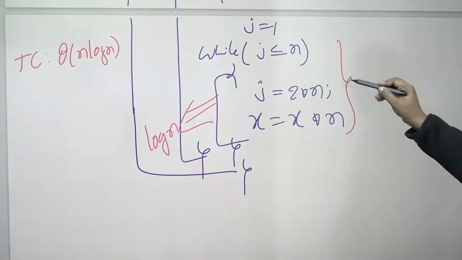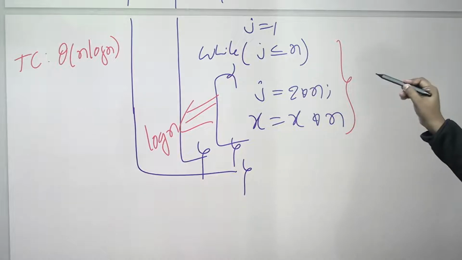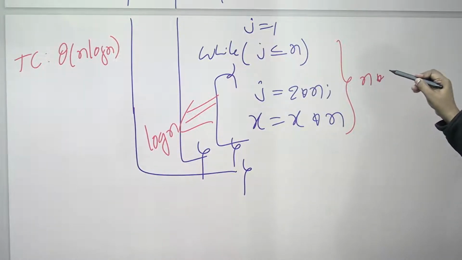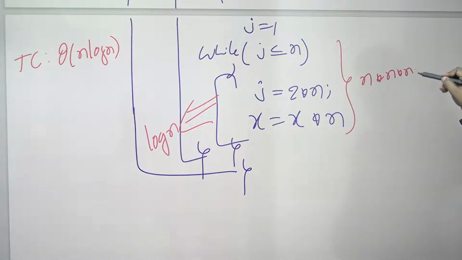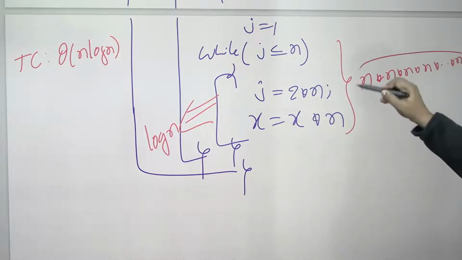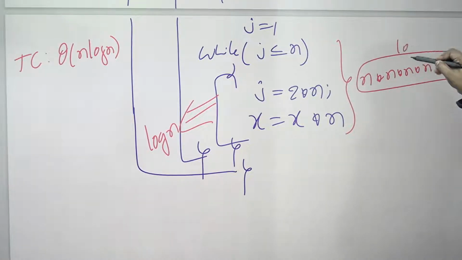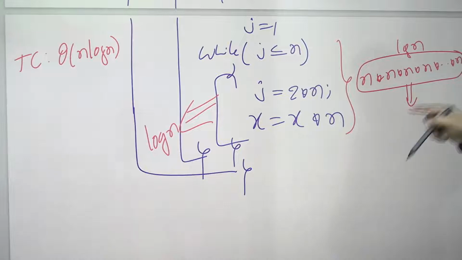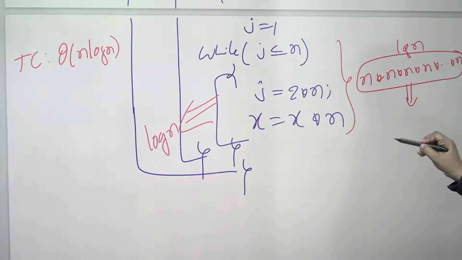So first 1 into n is n, n into n, and this loop is log n times. So at the end of i equal to 1, the x value becomes n power log n.